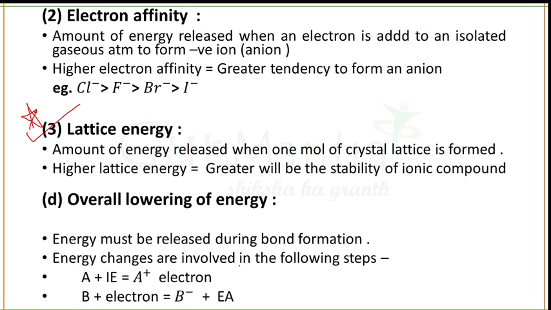These energy changes are involved in the following two steps. When atom A is given ionization energy, meaning an electron is being removed from atom A, it becomes a positive ion, and when atom B is given an electron, it becomes a negative ion or anion, and the electron affinity is used.